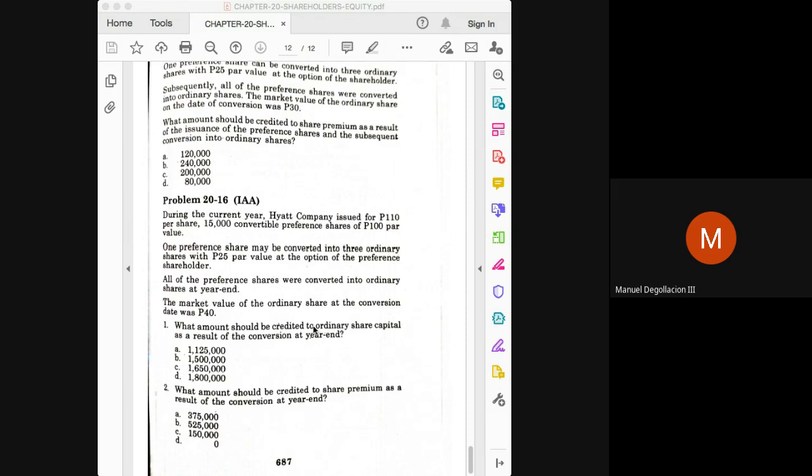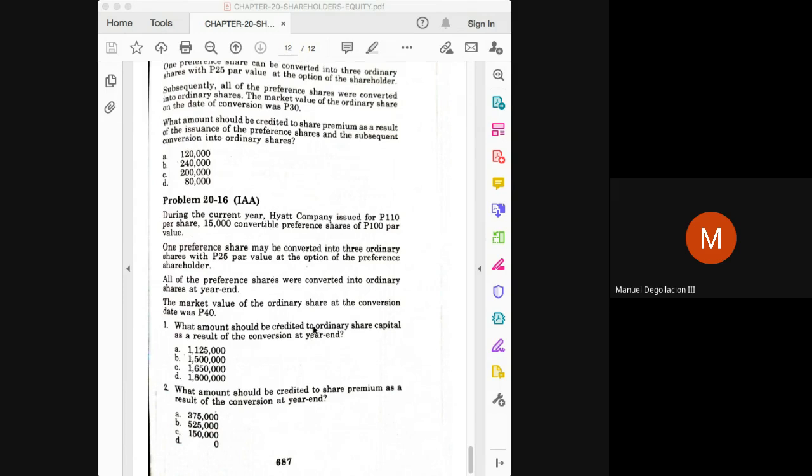So since we know that all will be converted into ordinary shares, we know that as a result, we will be issuing total of 45,000 ordinary shares. Okay, remember the total value of the preference shares was 1,650,000. Okay, and then upon conversion, we will have to transfer this 1,650,000 to ordinary shares accounts, to your share capital and to your share premium.